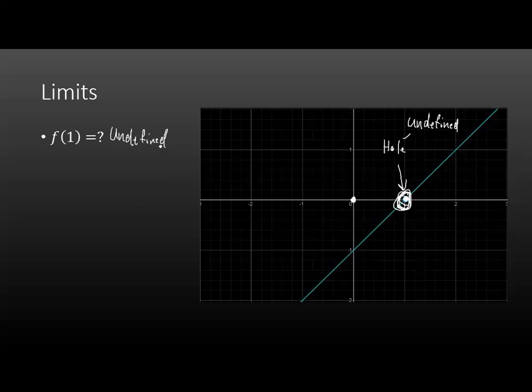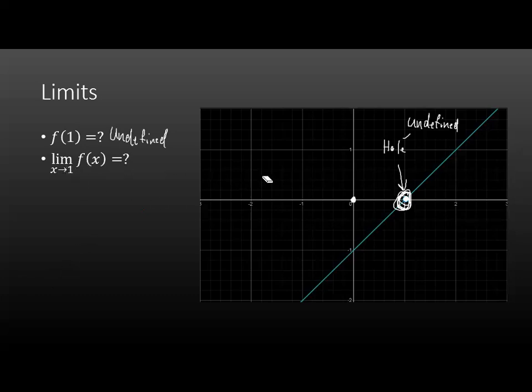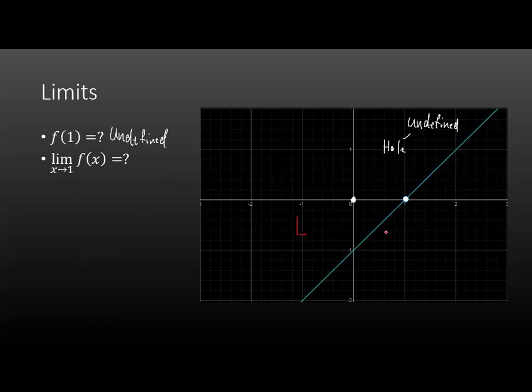Okay, but what if we have the same input and the same function, and let's get the limit out of it. Let's find the limit of this function as x approaches 1. Okay, so we will do the same thing. Okay, let's start from the left. Let's just say 0.5 or midway to 0 and 1. Okay, so here your y value would be here.